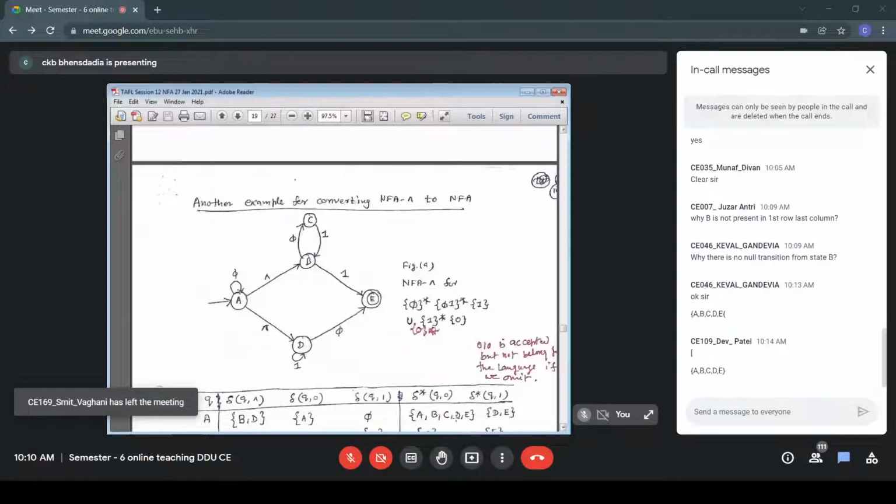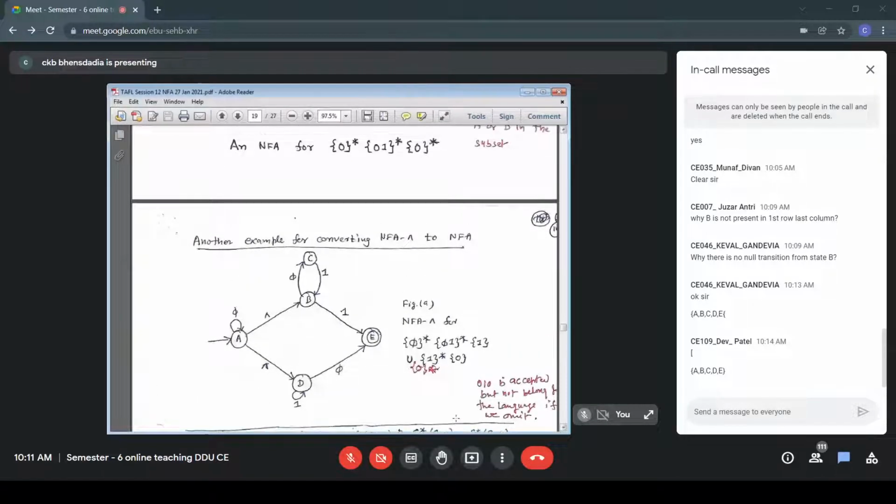B to C, now we are using 0. So answer will be C. Alternatively, we don't use 0 and go to D. Now we are using 0 and going to E. Therefore, E will be included. So it is A, B, C, D, E, all states.